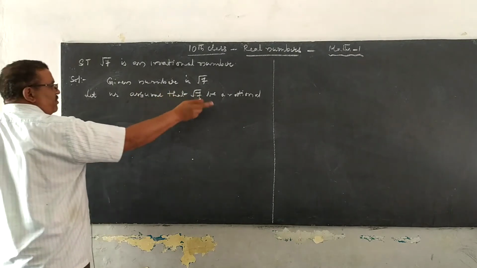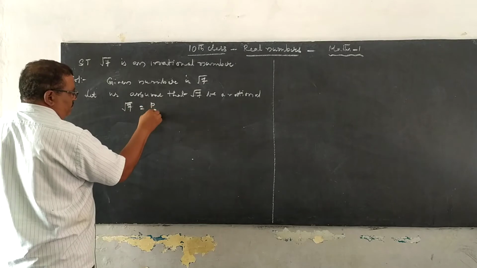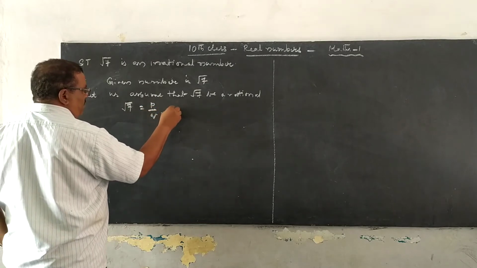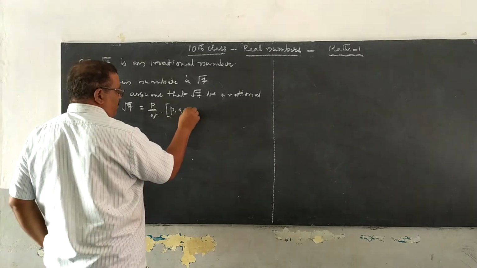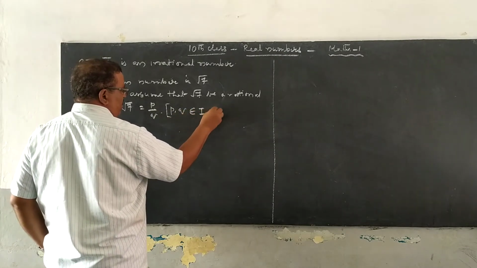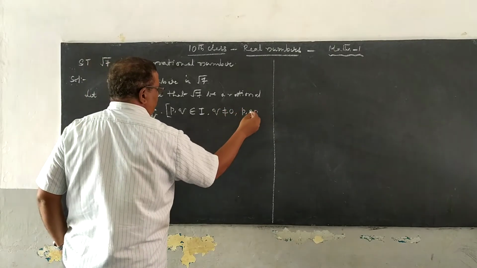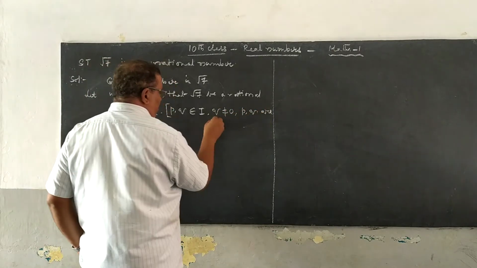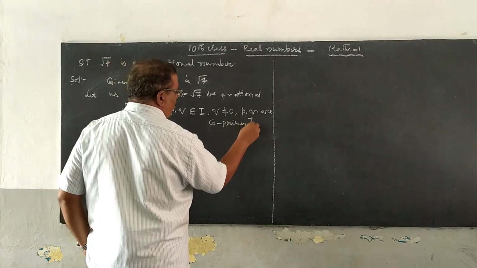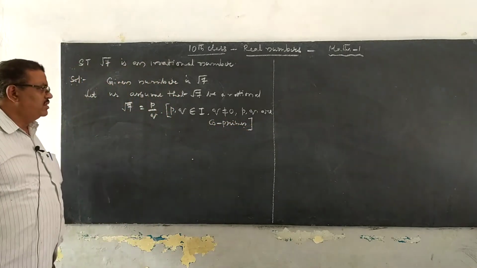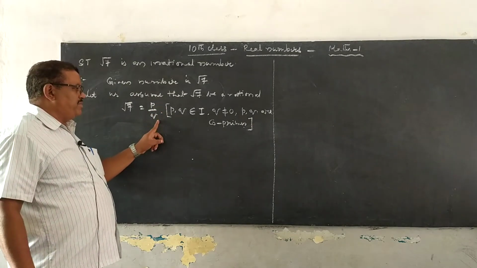According to the definition of a rational number, root 7 can be taken as p by q, where p, q belong to the set of integers, q not equal to 0, and p, q are co-primes. Co-primes means they have no common factor other than 1. That is why these are co-primes.